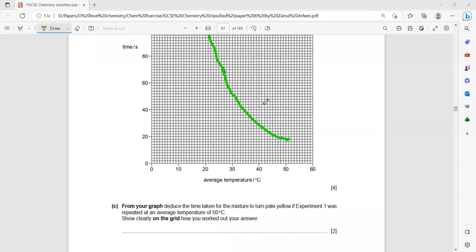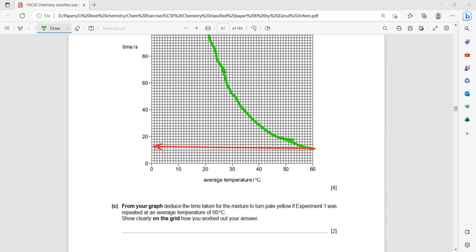Look, we don't have the value for 60, so we have to extend our graph, like follow the pattern. The last point which we had was 50, so we just follow the pattern and find how much the time changes accordingly.